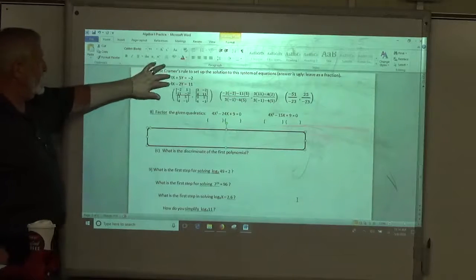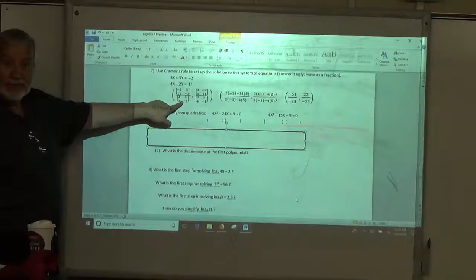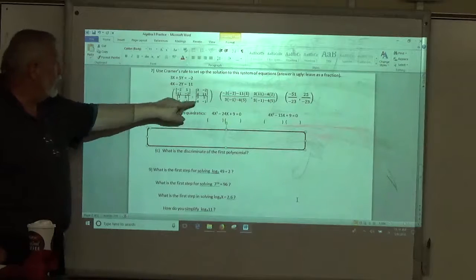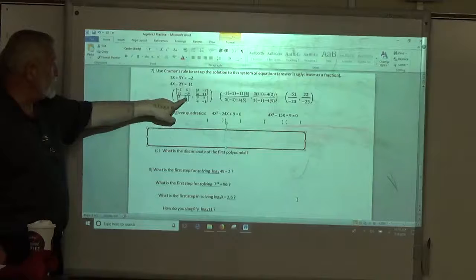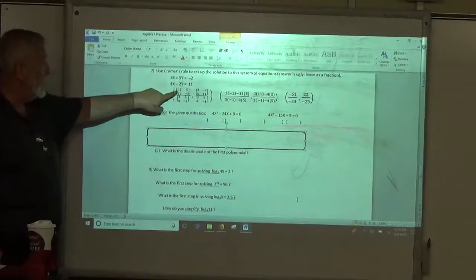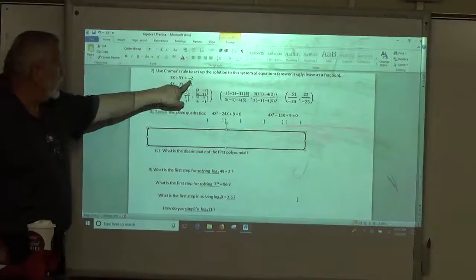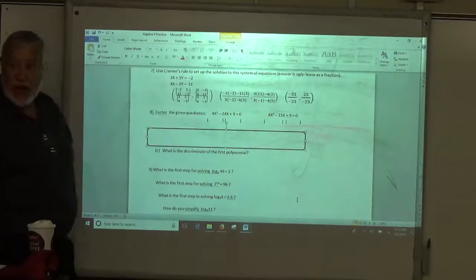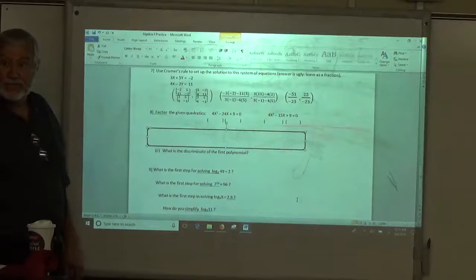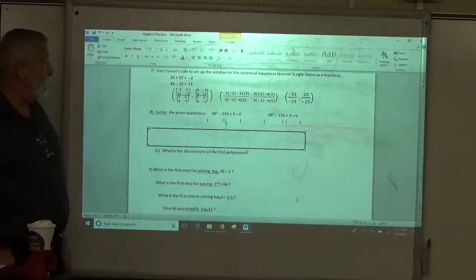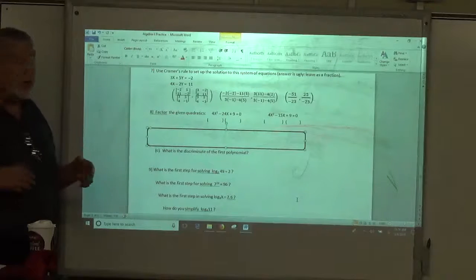These two go in the bottom of both of them, right? And then I replace the x with the 2 and 11 in the first one, then I replace the y with the 2 and 11 in the second one. And again, these are all things you should be able to do.